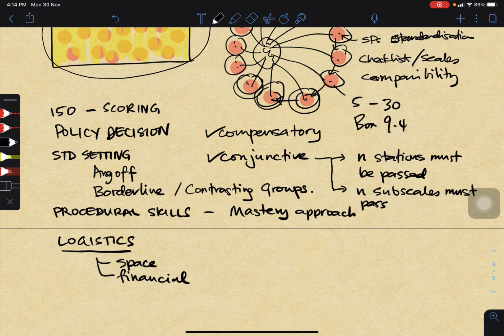We want to pay for all the simulation equipment and things like that, and we also need staff to help out during the running of the OSCE. So conducting an OSCE can be daunting, as mentioned there. We need to train, we need a lot of things to be done. So these are the considerations when we do performance assessment.